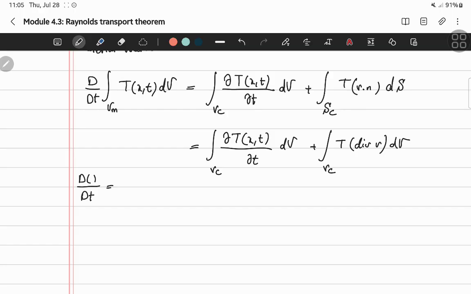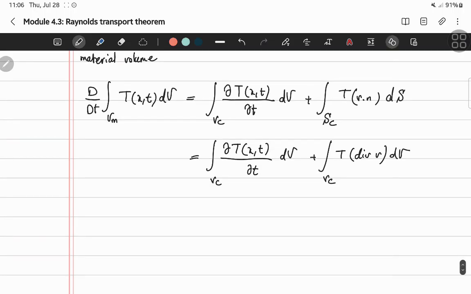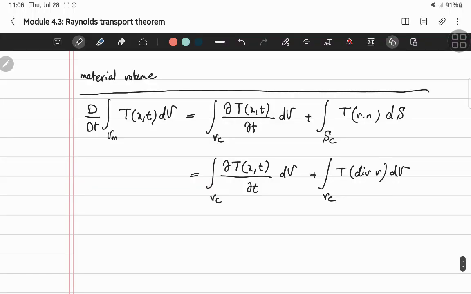It was equal to the partial derivative of that tensor with respect to time plus its gradient times v. So we will use this and derive this equation as well. But let's just accept this for the moment.